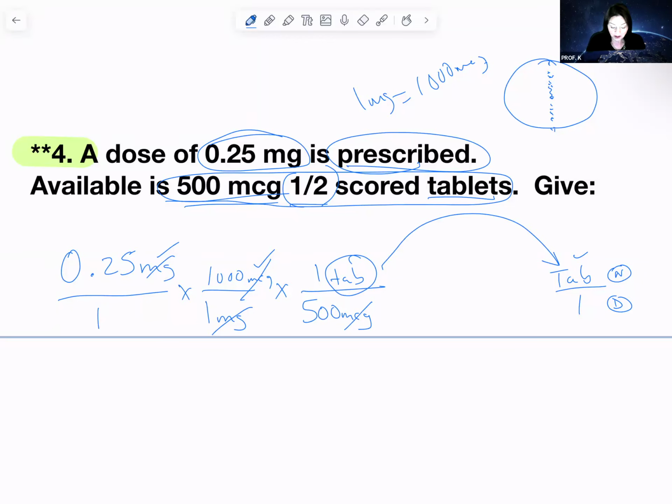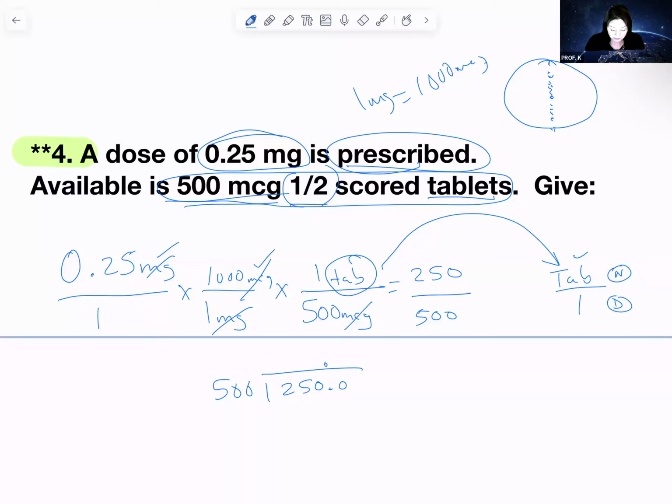Now it's just math. So 0.25 times 1,000 times 1 is 250. 1 times 500 is 500. Now I'm going to divide, if I did old school, 500 into 250. But that's why you got a calculator.